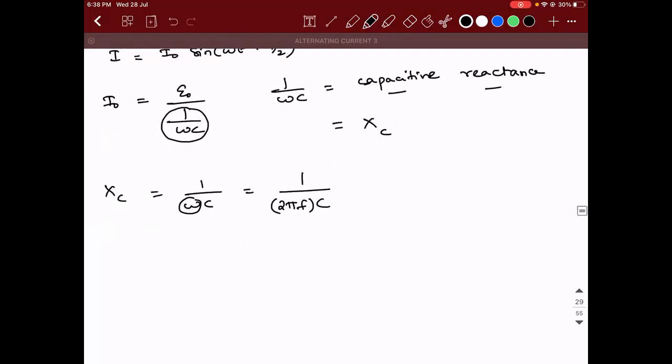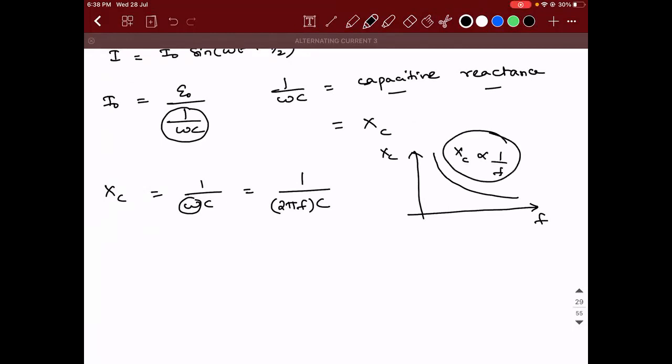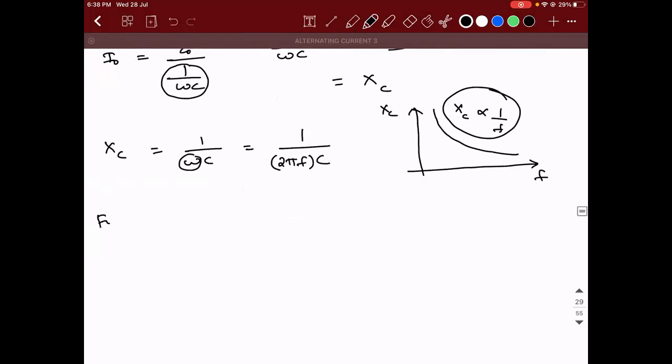Here, an important point to be noted is that the graph between Xc and f will be a rectangular hyperbola like this, since Xc is inversely proportional to f. That is one point. Secondly, for direct current, we know that the frequency is 0.